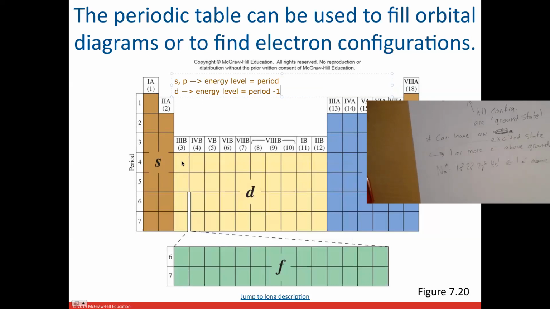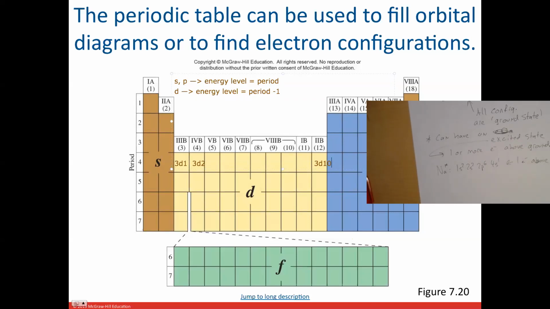And then what would this be right here? That would be 3d because it's the period minus 1. This would be 3d1, 3d2, and so on, right? And I get all the way over to here. This would be 3d9. Well, it would actually be d10.